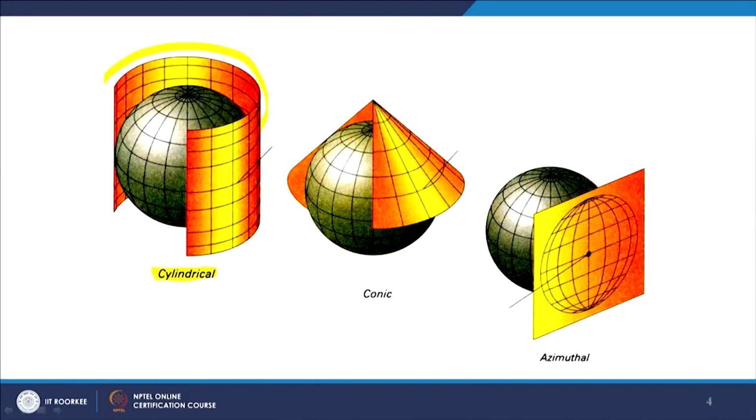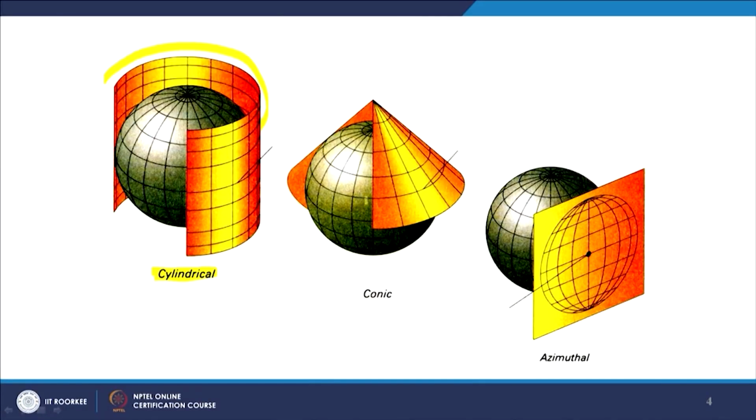But if my country is located near the poles or in higher latitudes, then a cylindrical projection, with the sheet touching the equator, will not serve the purpose. So, to represent my country in true shape and size, I would use a cone rather than a cylinder.